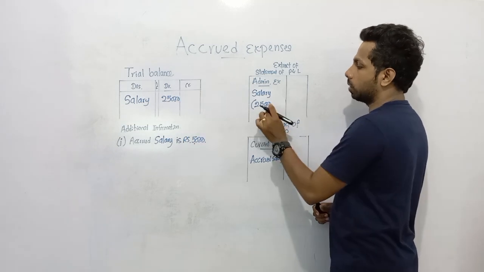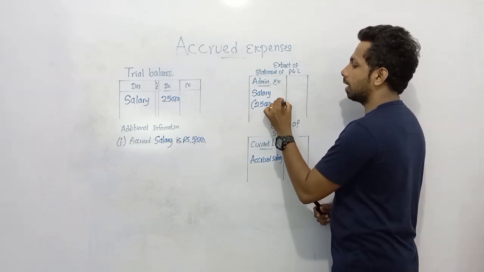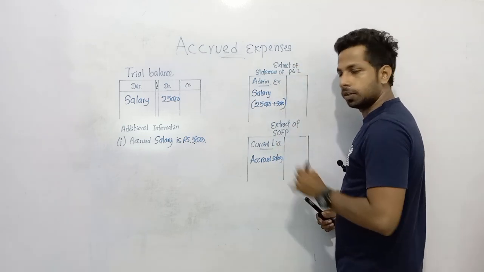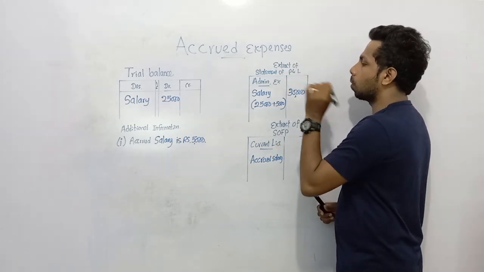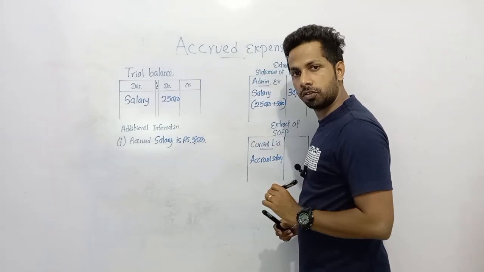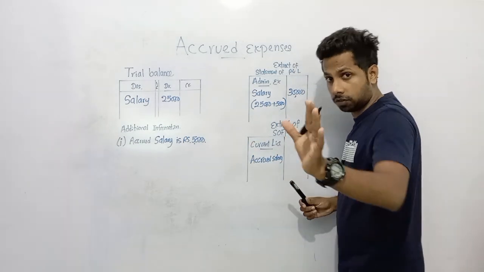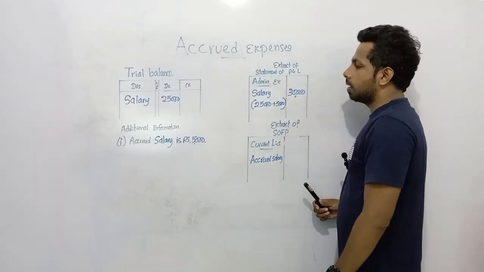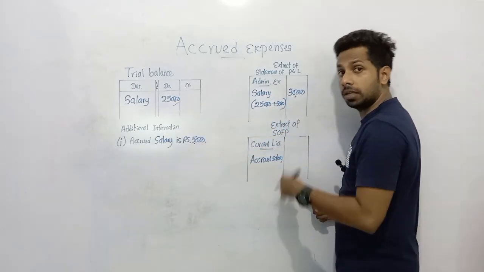The paid amount is 25,000, accrued salary is 5,000. That is also part of the salary expense of the same year. So total salary is 30,000. Income should match with the expense relevant for the period. When recognizing income and expenses, we need to recognize the totals. And out of the 30,000, 25,000 has been paid, 5,000 is yet to pay.